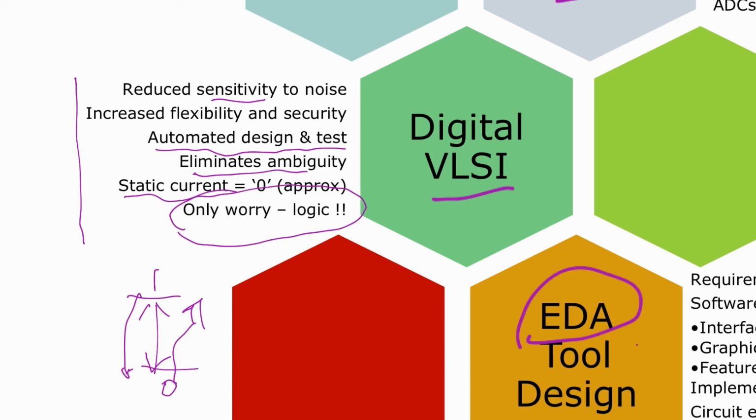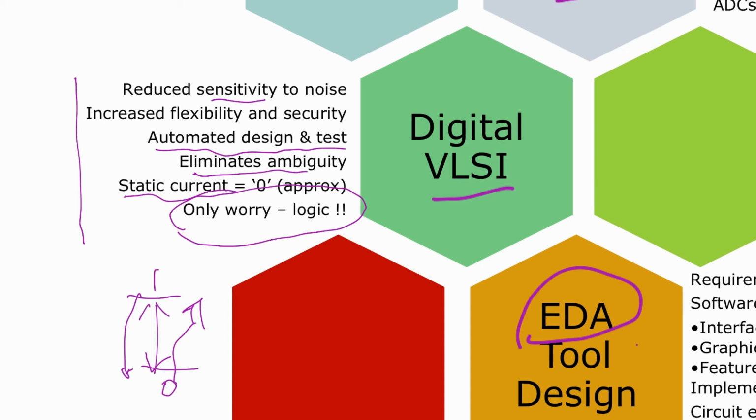Of course, there is a certain worry, but the main worry is only about logic, and we can comfortably give importance to designing the functionality of the chip, and the rest of the things we can assume to be taken care of because the cells are already made for us by the analog people.